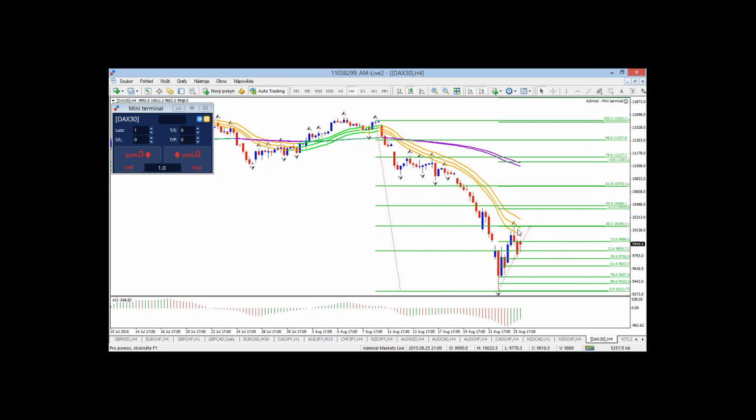It actually stopped at the 38.2 fib. Doesn't have to get up to the 50, by the way. An alternative could be that it builds a wedge here, like this, below the 38.2 fib. Then after a few days, maybe it still breaks this wedge to the downside. So at this moment, the most realistic things that could happen, I think, are this wedge or a move up to the 50 fib.